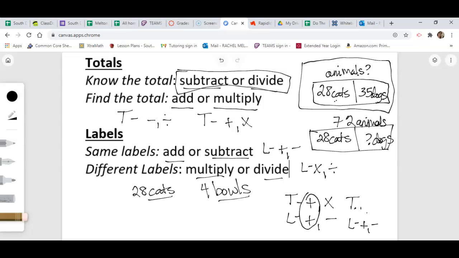And I will do this sometimes on purpose. I'll be honest, I didn't this time. I just wasn't paying attention. But sometimes I will do that on purpose because then I want the kids to catch me and I want them to be able to do that for themselves. So subtract or divide because I know my total. Okay, and again, the labels are the same because of the context of this problem. So now I know that I'm going to subtract.